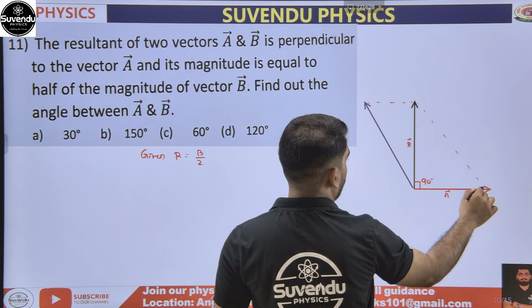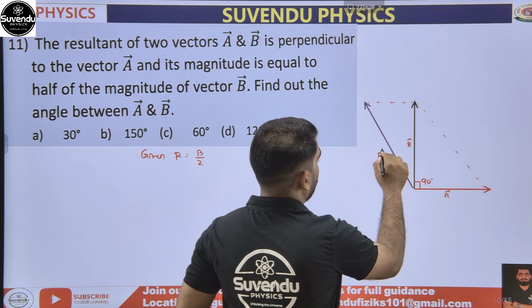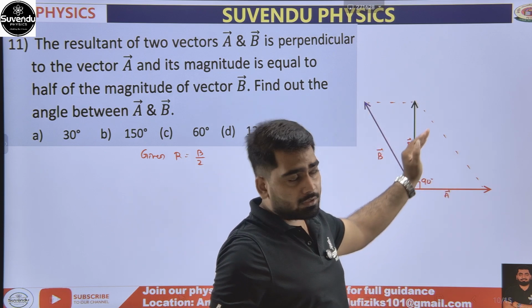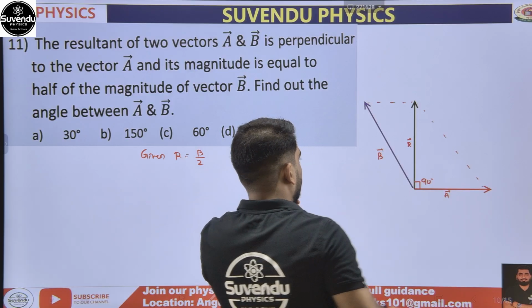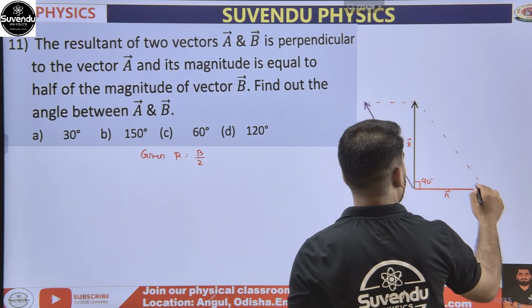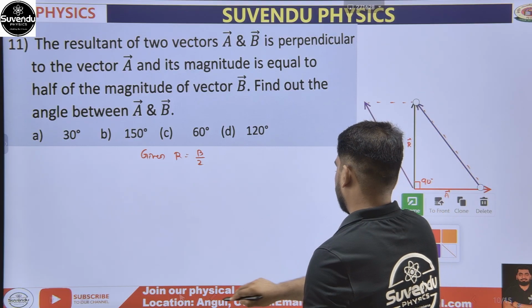Considering a vector and b vector, draw a parallelogram. Considering this is b vector, then draw a parallelogram, then the diagonal starting from their common tail point gives the resultant vector. So if this is b vector, this is also b vector, this will also be b vector.